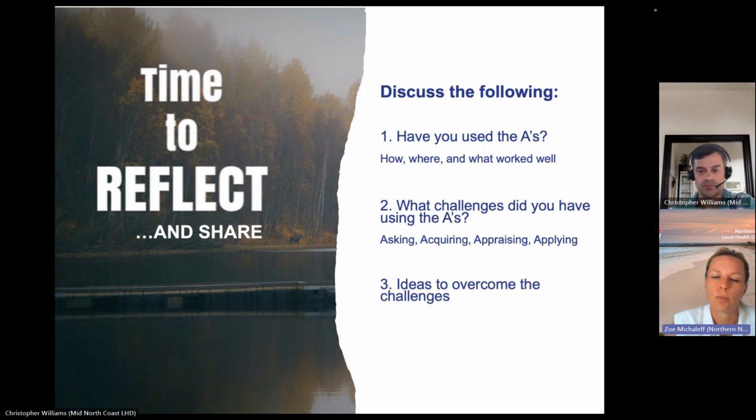But I think more people were more comfortable talking about some of the challenges to the 5 A's. And so in respect to asking the clinical question, it was often around really being able to ask a well-defined and answerable question. So identifying what key elements they required in that question. And I think in our research development roles, we do see a lot of people coming to us with quite long or complex questions.